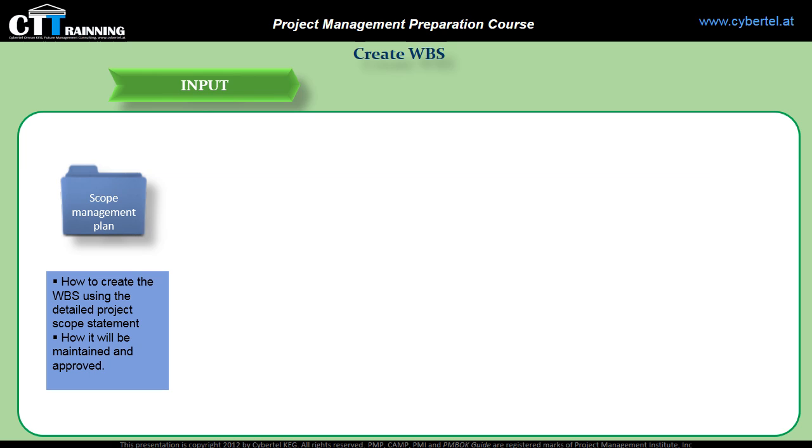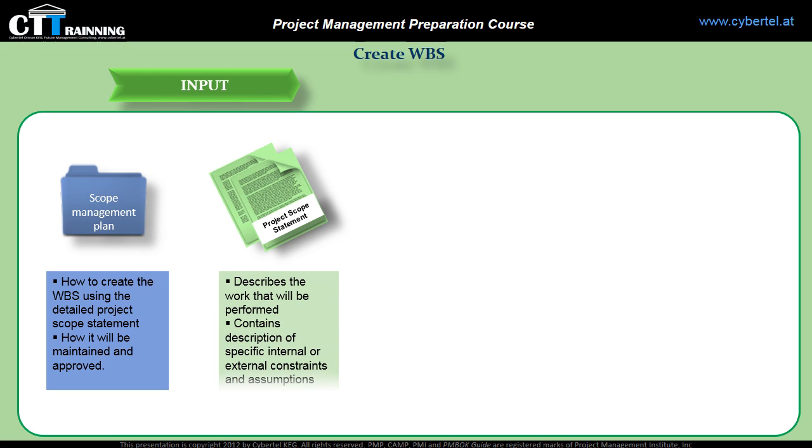Now guess what is the second input to create the WBS? The project scope statement. Correct. The project scope statement describes the work that will be performed and the work that is excluded. It also contains descriptions of specific internal or external constraints and assumptions, which may affect the execution of the project.